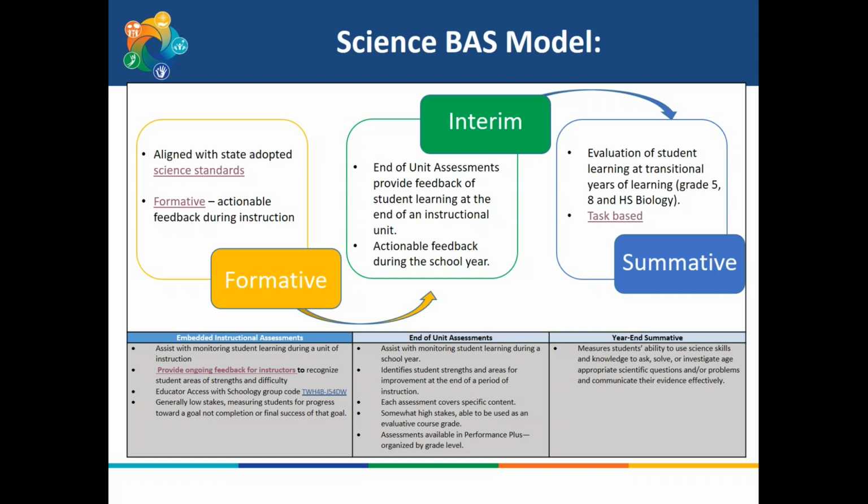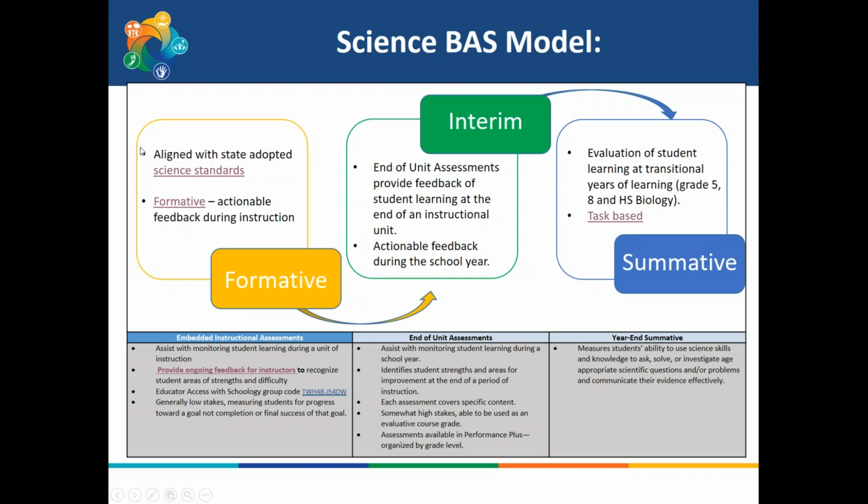It's available online at our website for state assessment. You'll see that we talk about the formative, interim, and summative assessments that are specific to the science assessment. And of course, it starts here with our formative assessments or embedded instructional assessments that we use throughout the year.